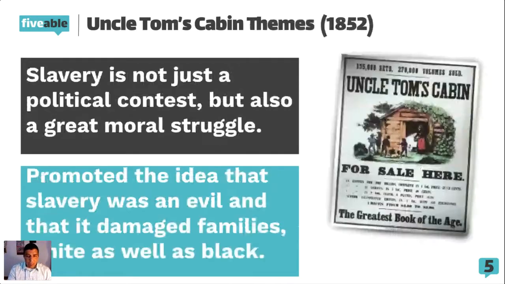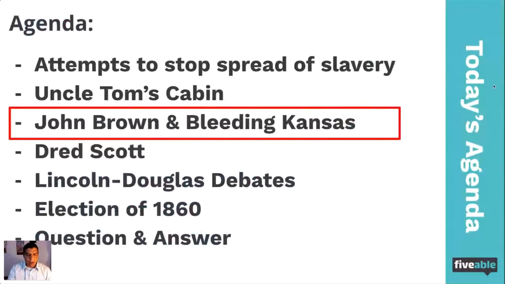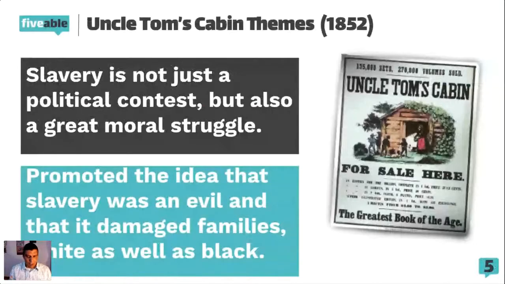Well, Uncle Tom's Cabin is about a slave named Uncle Tom. And Uncle Tom is an amazingly kind old man. Let me see if I have a picture here. I think, oh no, I didn't put it there. But Uncle Tom is like an amazingly kind old man. And he's put in this institution of slavery, and he's very religious.